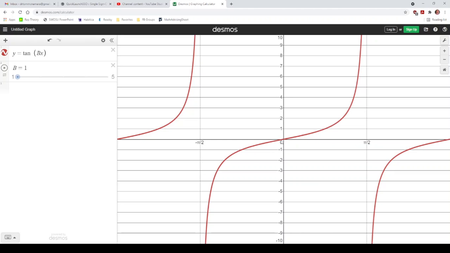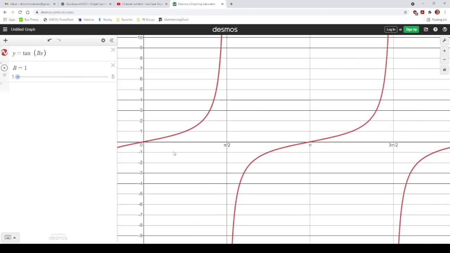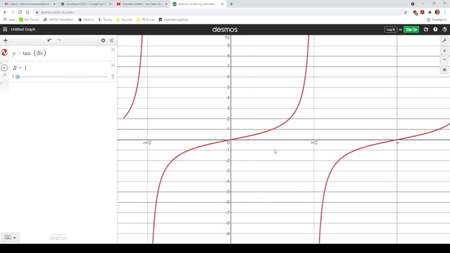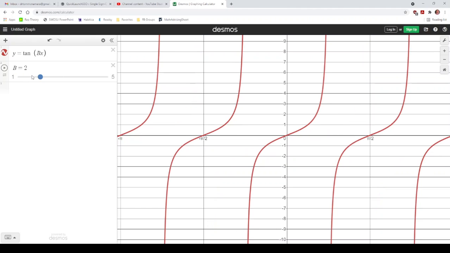Okay, so we've got the asymptotes for the tangent function here at pi over 2 and -pi over 2. And you'll notice this same exact picture repeats over and over again. So the period of the tangent function is pi. Let's look at what happens when we change b. Okay, notice we're getting 2 copies of that cycle.